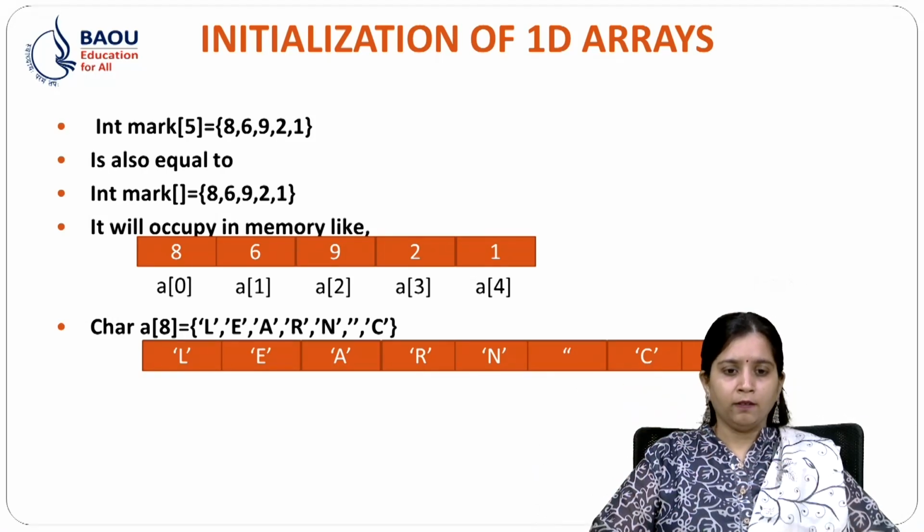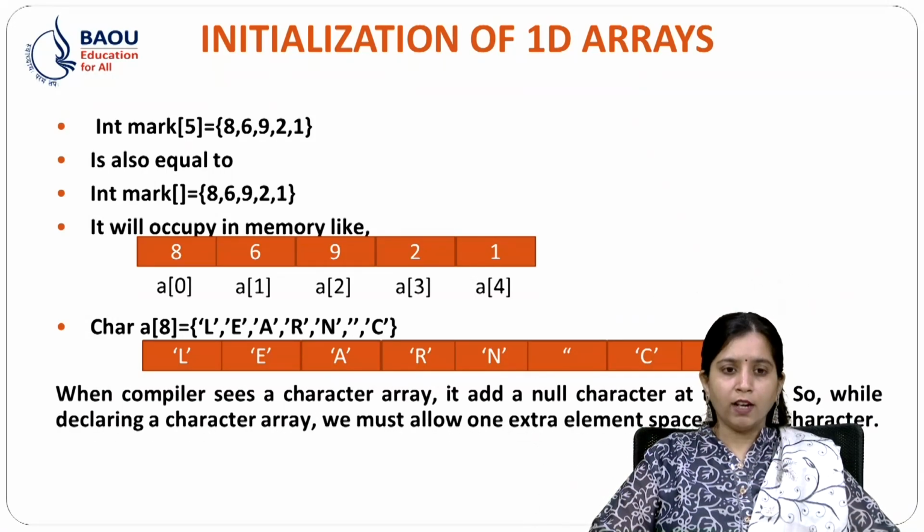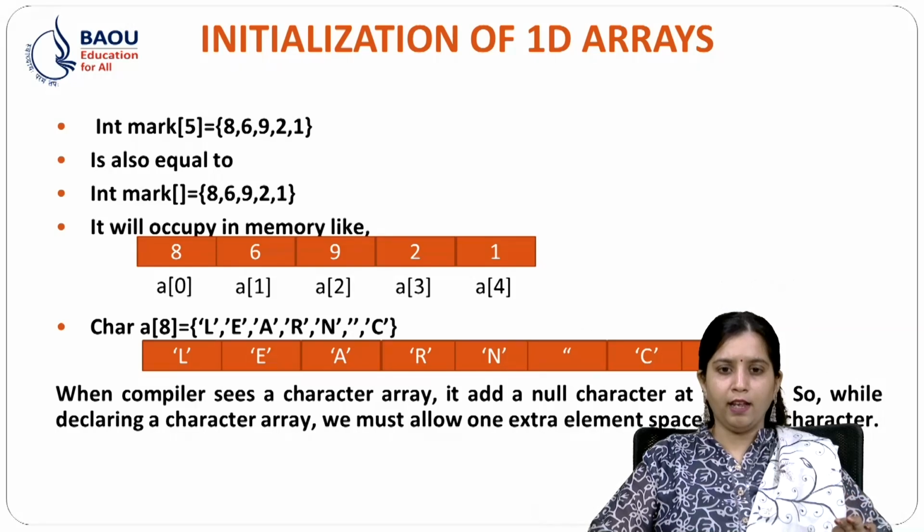So when a compiler sees a character array, it adds a null character at the end. So while declaring a character array, we must allow one extra element space for the null character. So let's see this in detail.